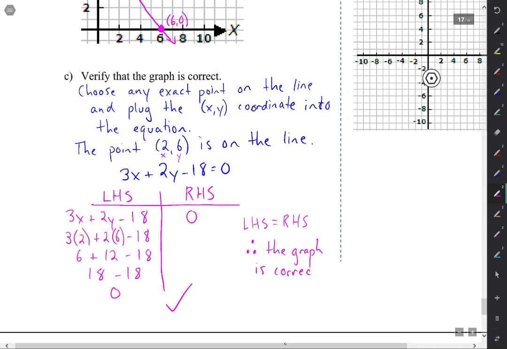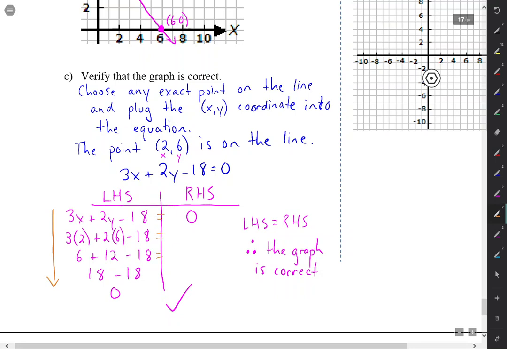Now, the reason we use this T-chart is when we're verifying that an equation is correct, we don't know that our two sides of the equal sign are going to be equal. So if we were to just take the equation at this state, and write it with the equal sign and then plug in the x and y value, as we're going along this process here, it would say equals 0 the entire time.